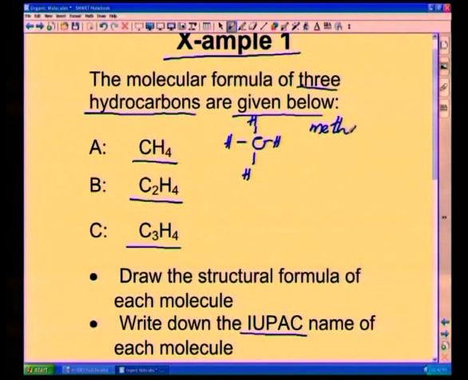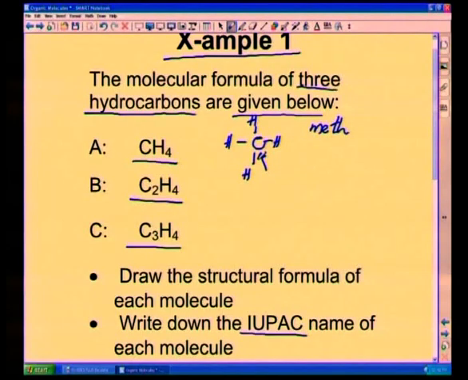But then I need to get the suffix that will tell me to which homologous series it belongs. Now, for me to do that, I need to check the bonds between carbon atoms. Well, for this first one, do I really have to check the number of bonds between carbon atoms? Not really, because I only have 1 carbon atom in this molecule, so there is no way in which it can be bonded to another carbon atom.